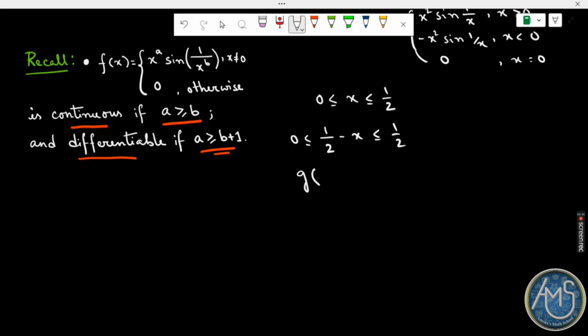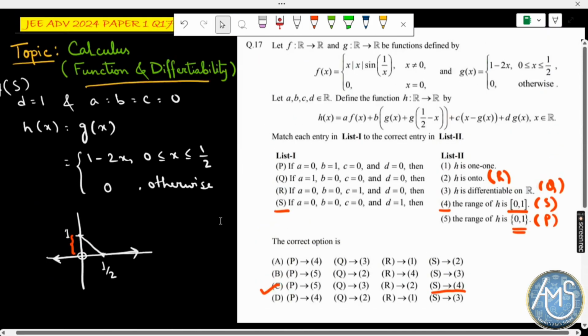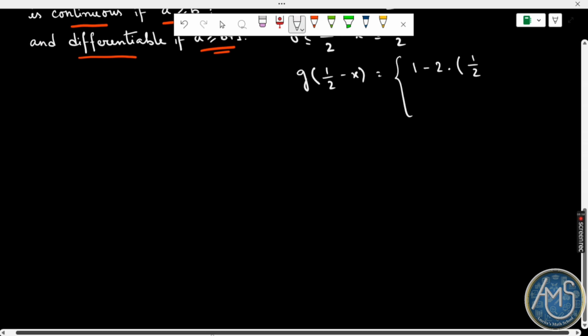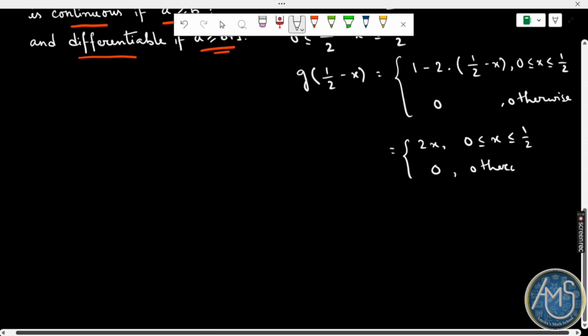So g(1/2 minus x) will be 1 minus 2 into (1/2 minus x) for 0 less than or equal to x less than or equal to half, and 0 otherwise. So the 1 cancels out. So 2x for 0 less than or equal to x less than or equal to half, and 0 otherwise.